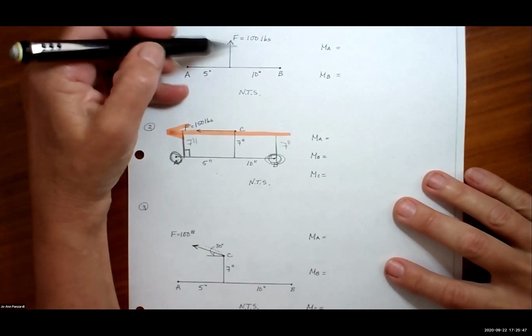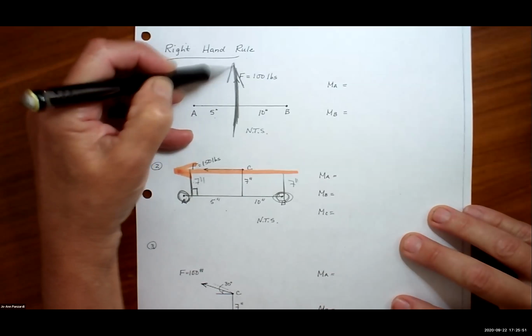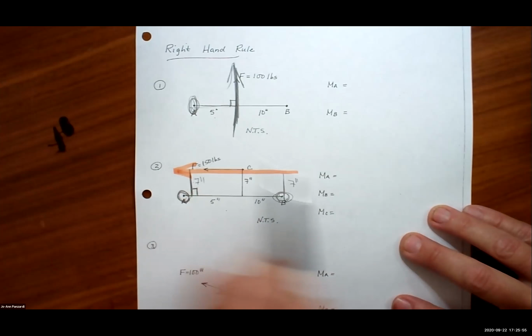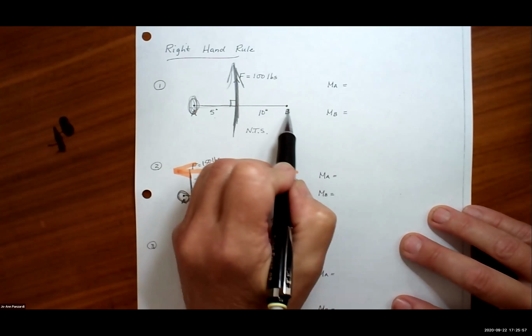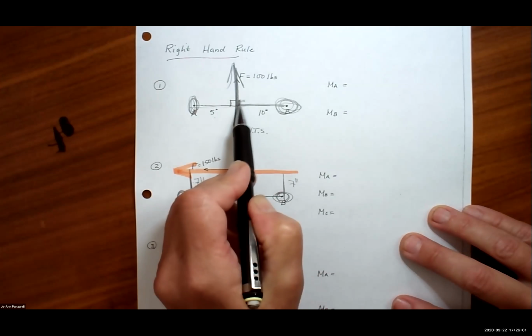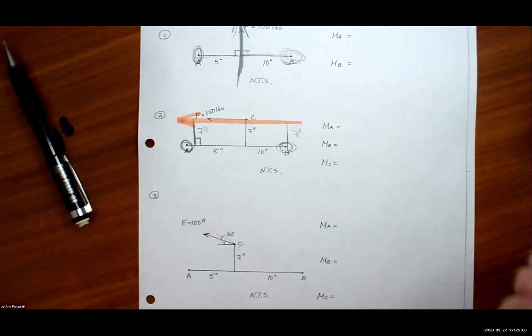Okay? So I want to just go back. Here's the force. Here's the point I'm trying to find the moment about. The perpendicular distance is 5. When I'm trying to find the moment about B, the perpendicular distance is 10 from the force to the point. So the first thing you do is figure out where is the force.